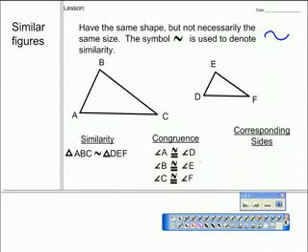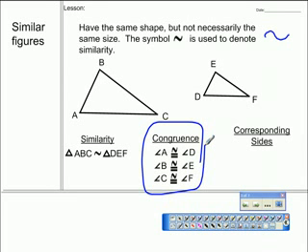Either you have to be given that their corresponding angles are congruent, or their corresponding sides, which we'll list here in a minute, will have the same ratio. If you have one or the other, you can say they are similar. You don't need both.